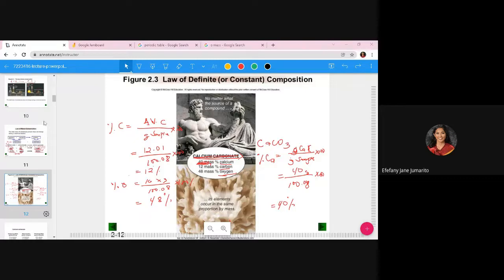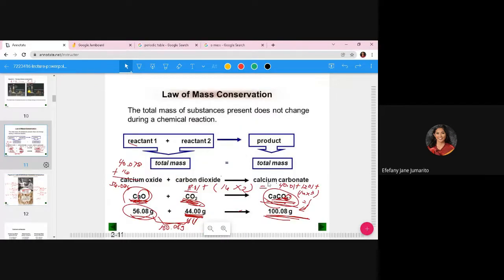For example, the last example we have is calcium carbonate. What are the elements present in calcium carbonate? What are the elements that compose calcium carbonate? Calcium, carbon, and oxygen.